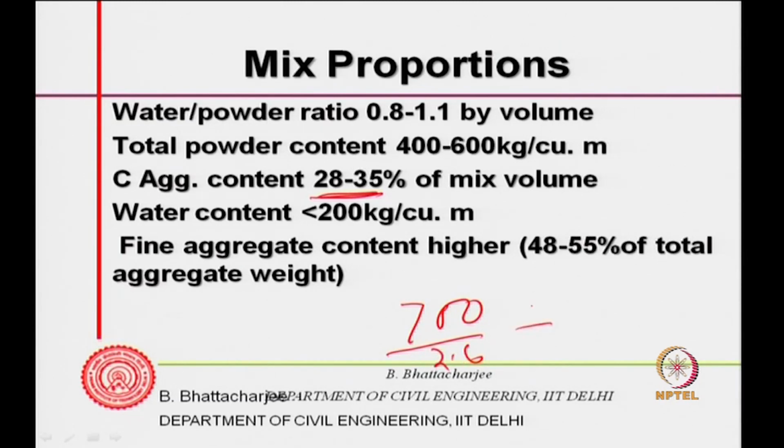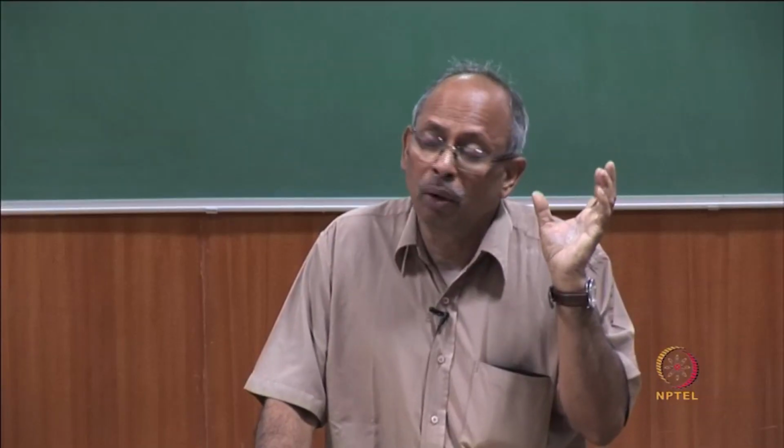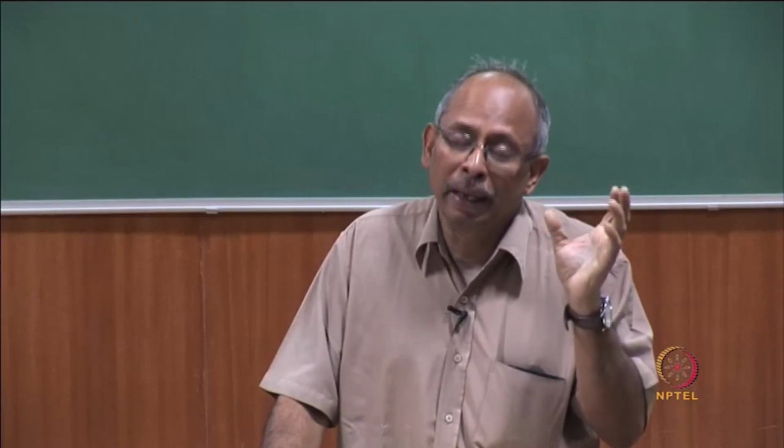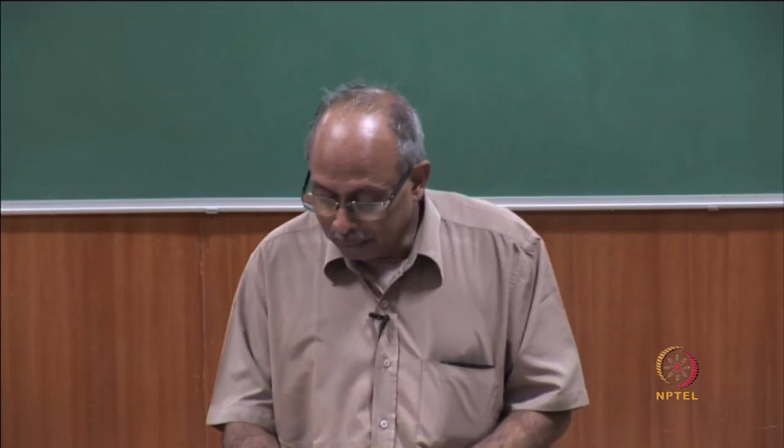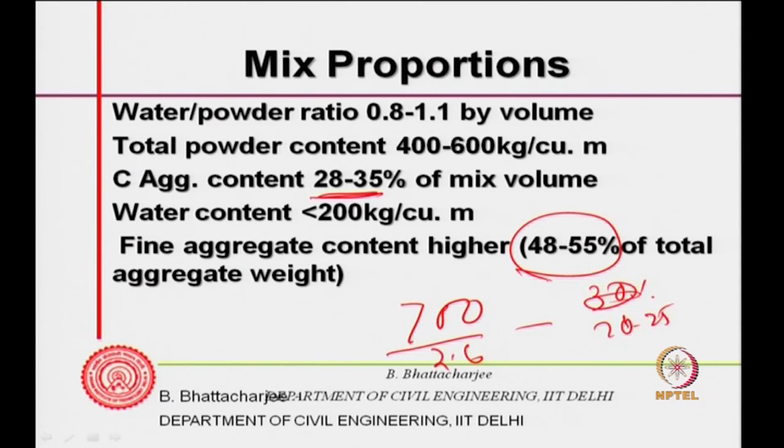Roughly, you find maybe 30% volumetrically, or less than 30, 20-25% in case of normal strength, normal flow concrete. But here, on mass basis, it is 40 to 55% of the total aggregate weight, much higher. In normal concrete it will be 700 divided by, let us say, 1200.